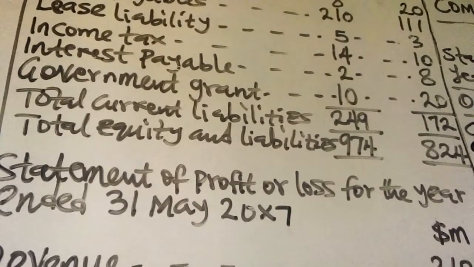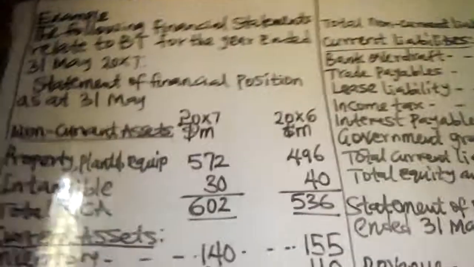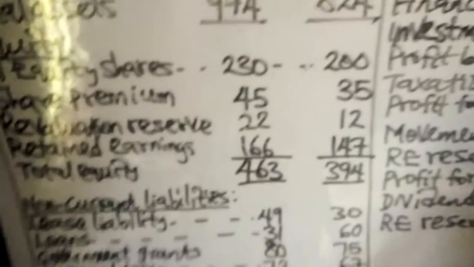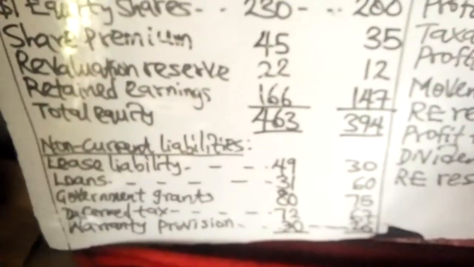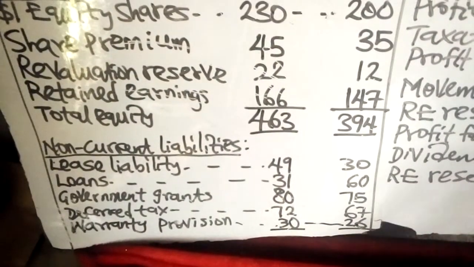So you are going to add the closing. You add the closing, you less the opening, because of the grant. So the closing is 10. Then we want to add that 10. Then check your non-current liability as well. You have government grant.